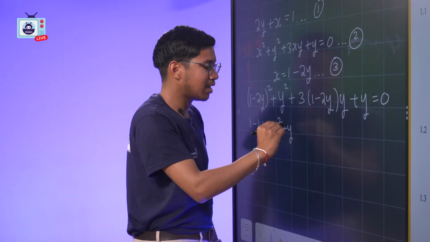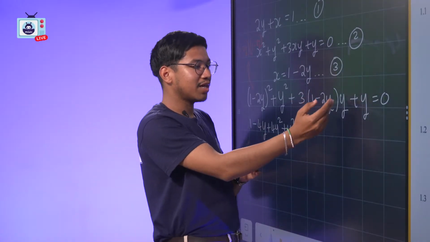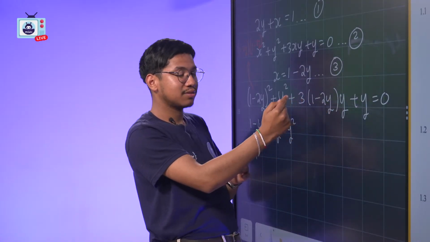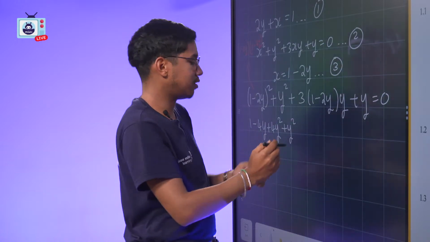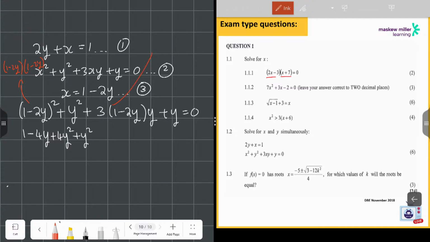Plus y squared, I'm leaving as is. Now look what I'm going to do. I'm going to bring that y here to the front, so it's easier for me to work with. I'm going to show you exactly what I'm doing in red. All I'm doing is to make life easy for me. I'm multiplying this 3 by that y, which changes nothing, and that I am multiplying by this bracket, which is 1 minus 2y.